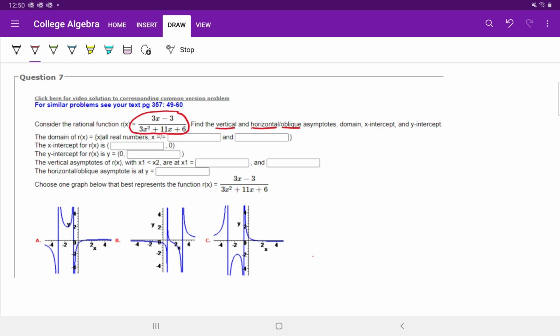If we want to find the x-intercept of our function, we let y equal 0 and we solve for x. So we would get 0 equals 3x minus 3 over 3x squared plus 11x plus 6. Now I'm going to multiply both sides by 3x squared plus 11x plus 6.